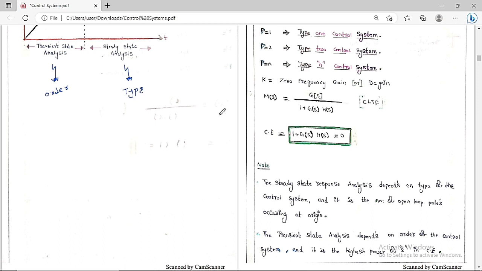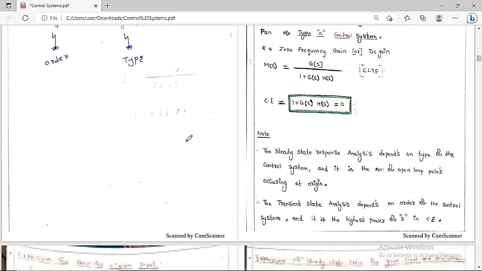The steady state response analysis depends on the type of the control system, which is the number of open loop poles at the origin, whereas the transient state analysis depends on the order of the control system, which is the highest power of s in the characteristic equation. So these things you always have to keep in your mind.